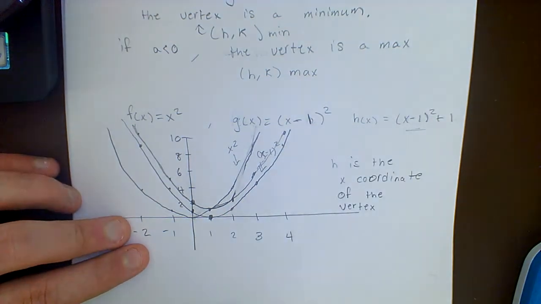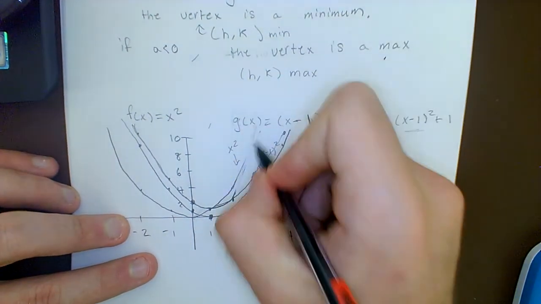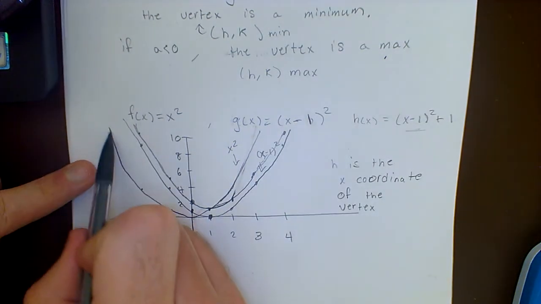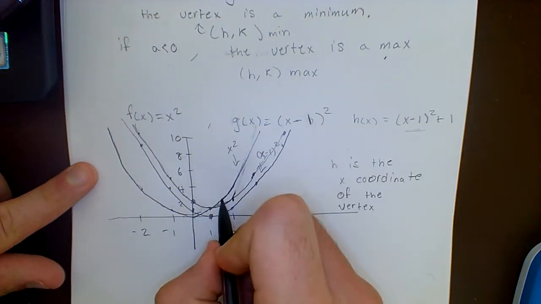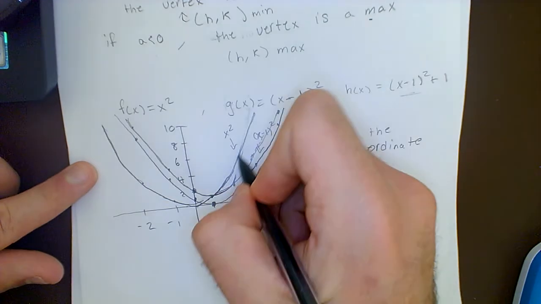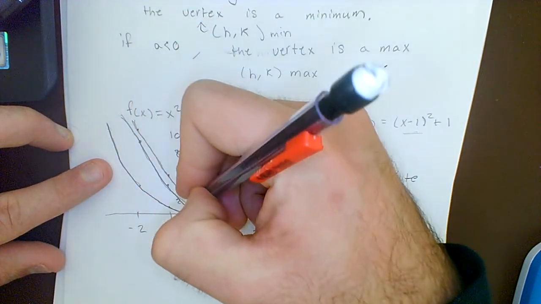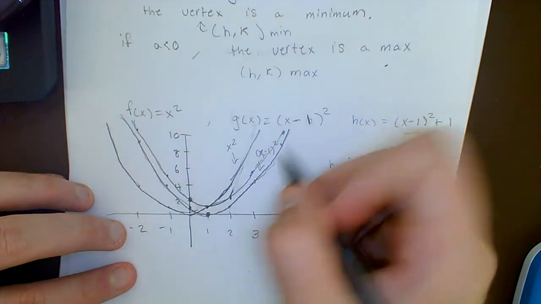Right, so we can see this picture. This one right here that I'm coloring in is x squared. Then x minus 1 squared shifts x squared to the right 1.